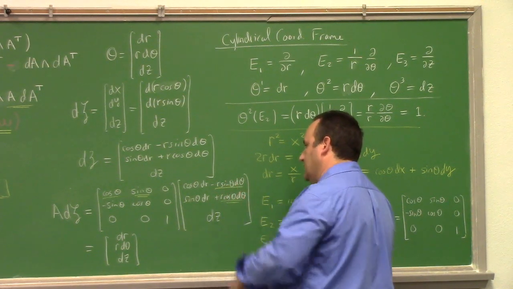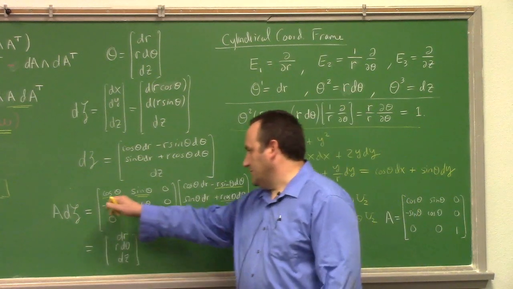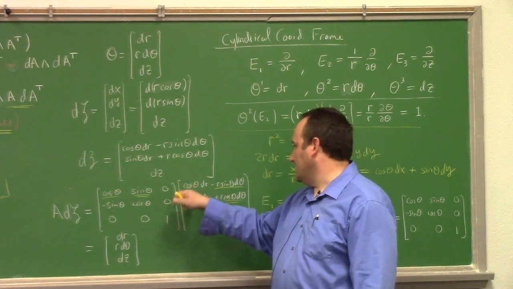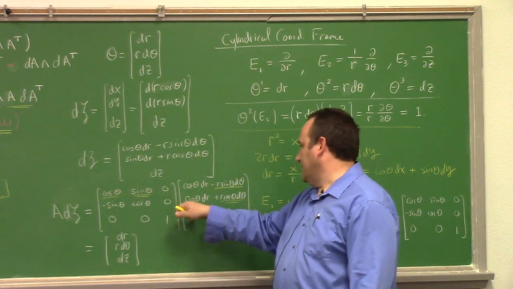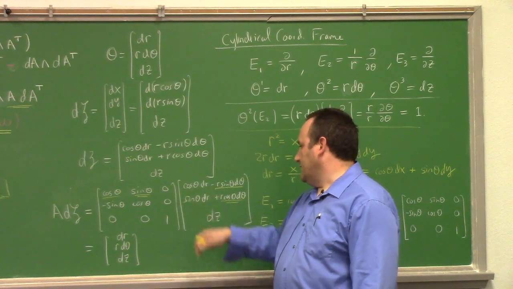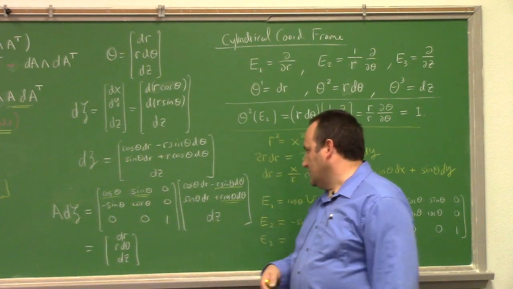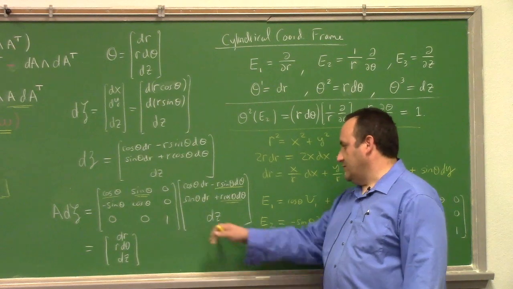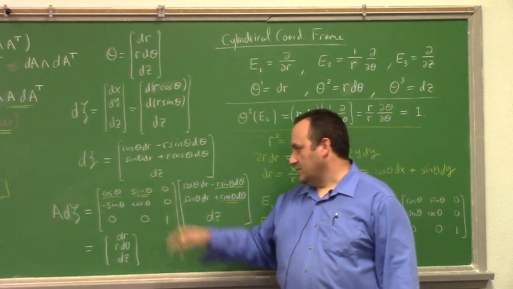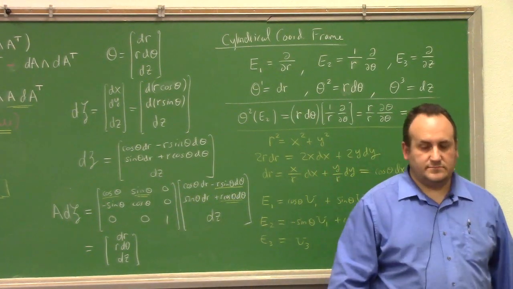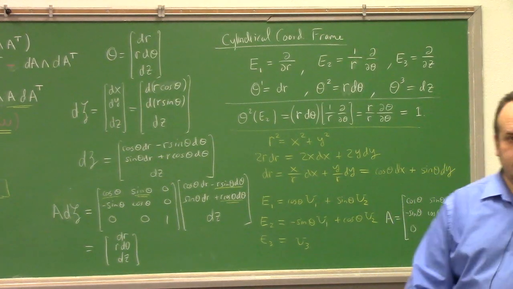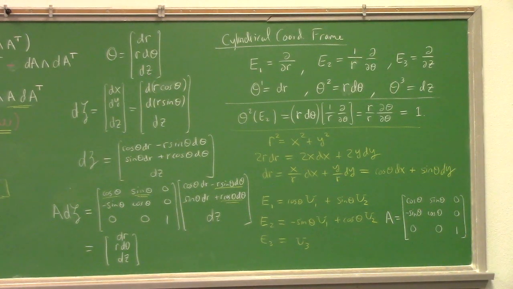Those cancel. In contrast, when I multiply this by that, I get cosine squared, and when I multiply that by that, I get sine squared. So I just get a plain sine squared plus cosine squared dr. And of course, the dz does nothing because it multiplies 0 here. Es bueno.